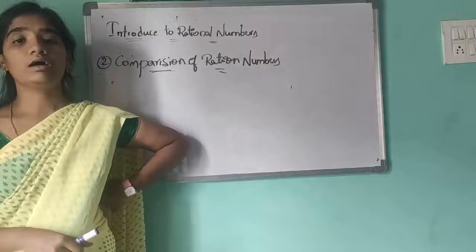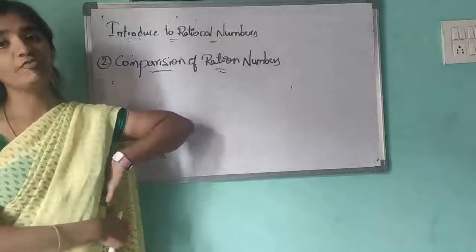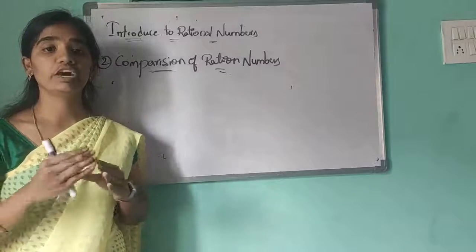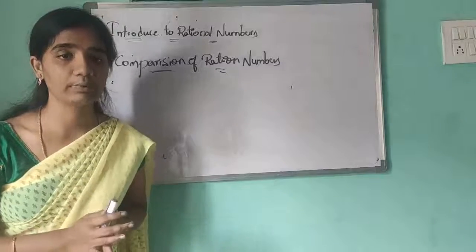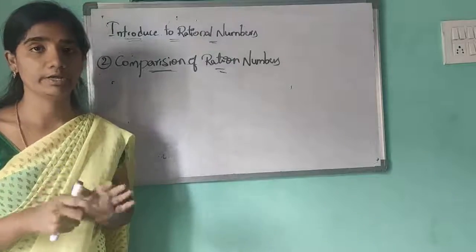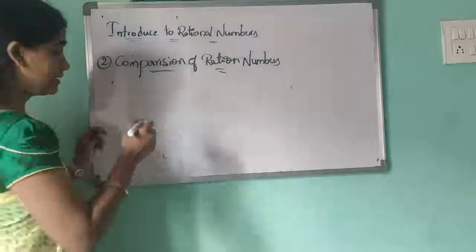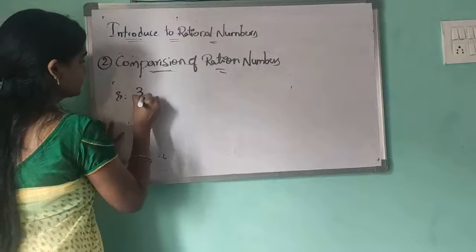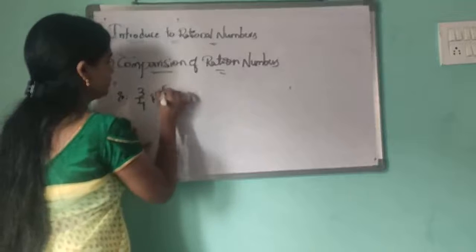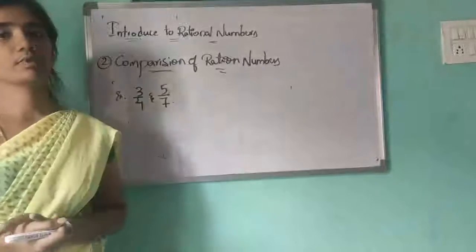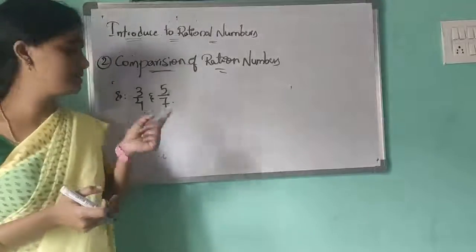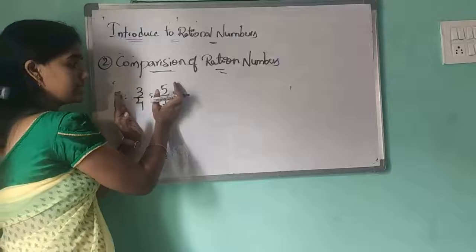We already know that when we compare two fractions, we convert each of them into equivalent fractions and then compare both fractions with a common denominator. If I take the example 3 by 4 and 5 by 7, let us compare these two fractions.